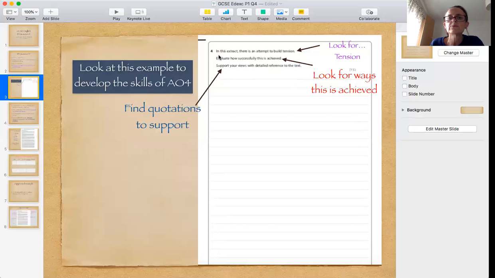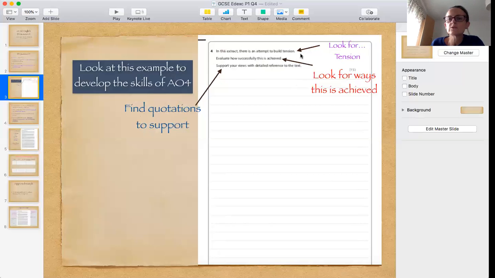The thing that will be different is in this extract, there is an attempt to, and that will be create character or emotion, or in this question it's tension. So we're going to break it down. If we look at this example, what they're asking you to do is look for tension.